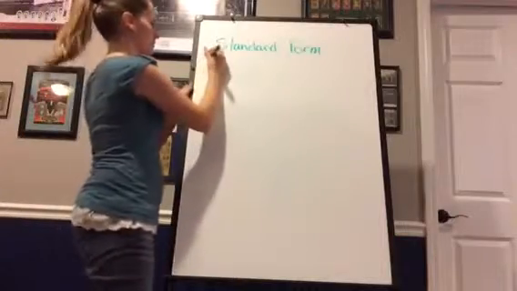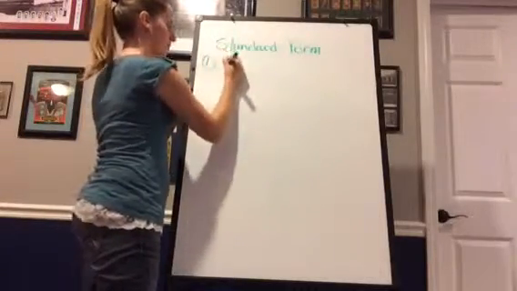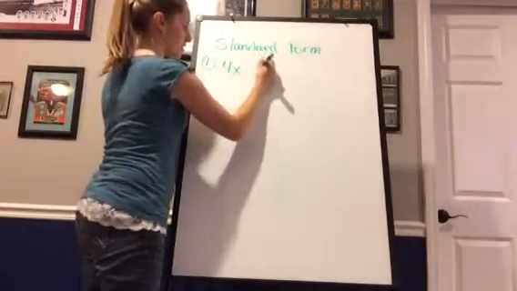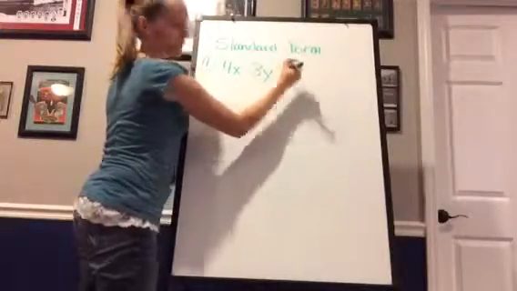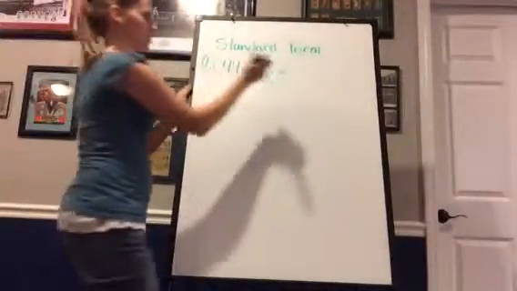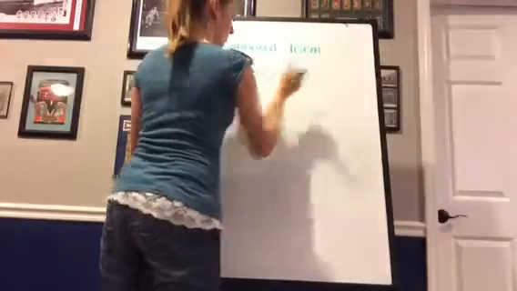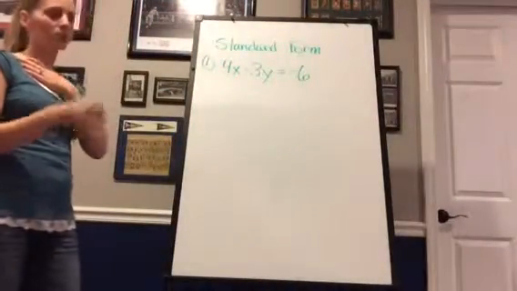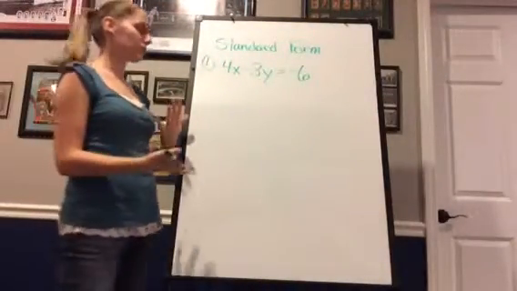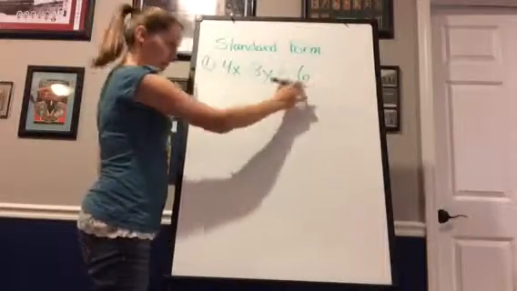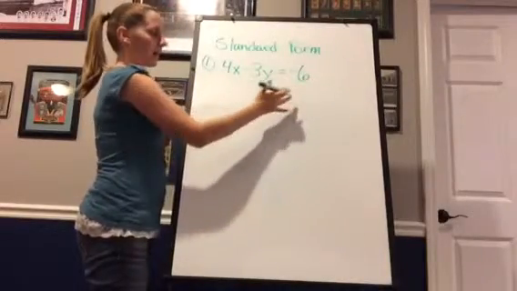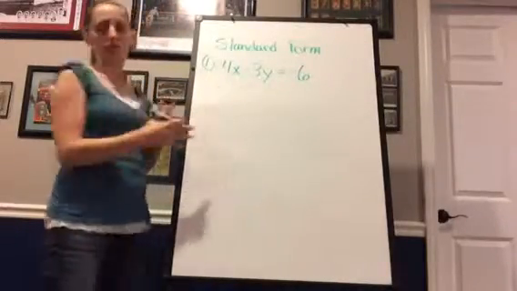So number 1, we have 4x minus 3y equals negative 6. Okay, so we have to solve this for y. We have no information about this line from this form. Standard form doesn't give us anything.